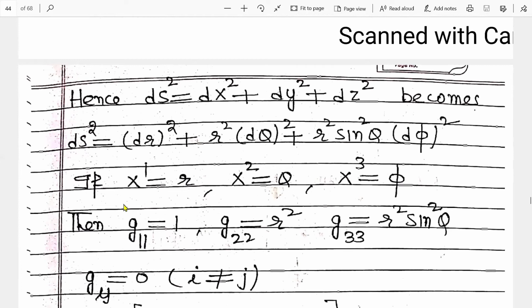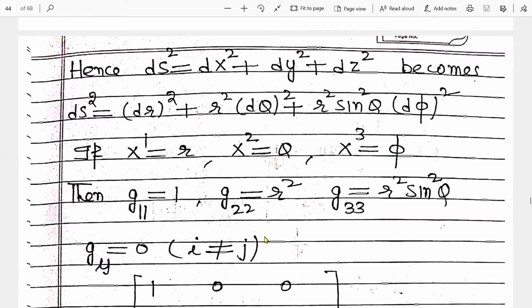Here, if we take x1 as the first coordinate r, second coordinate theta, and third coordinate phi, the diagonal entries are G11, G22 and G33. So we get G11 equal to 1, G22 equal to r square and G33 equal to r square sin square theta, and all other entries are 0.